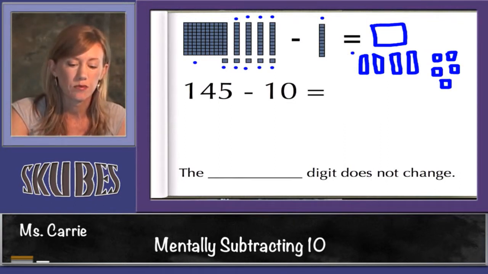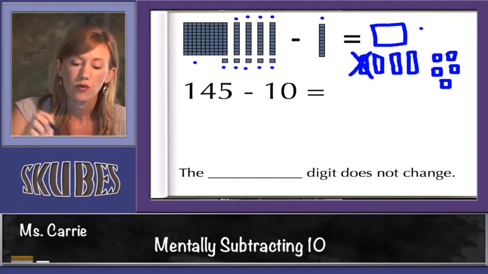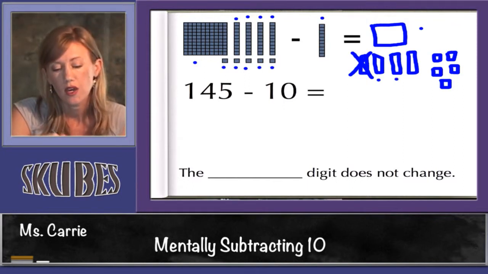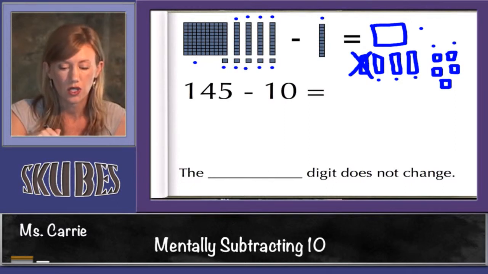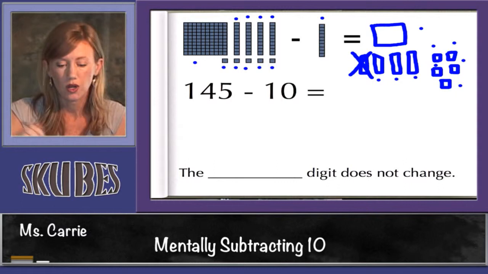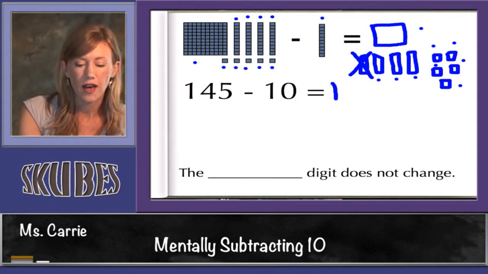So we're going to put an X through one of our 10s. Let's count what we have left over. We have 100, 110, 120, 130, 131, 132, 133, 134, 135. 145 minus 10 is 135.